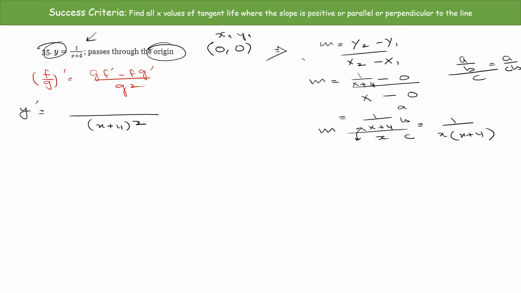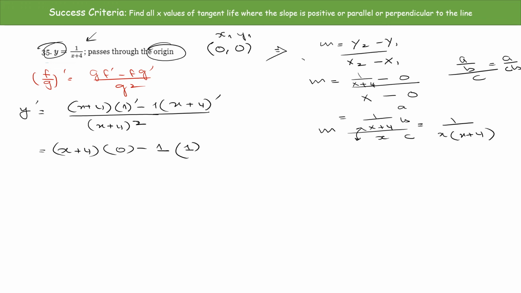Now g, write x plus 4. f prime means 1 prime, minus f, that is 1, and g prime means (x plus 4) whole prime. So x plus 4 stays as it is. Derivative of 1 is 0. Minus 1, derivative of x plus 4 is 1.